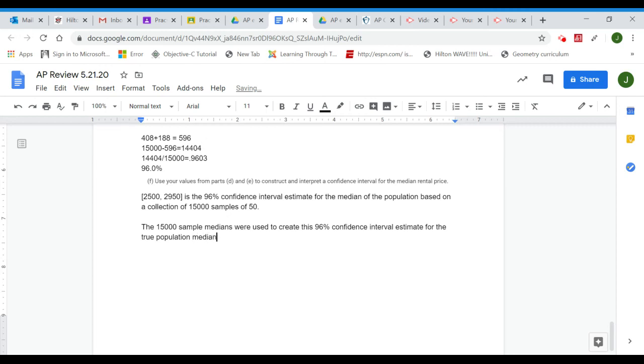If we repeat this process for all possible sample medians, if we could repeat this process, 96% of all the possible intervals of the same would capture the true population median.